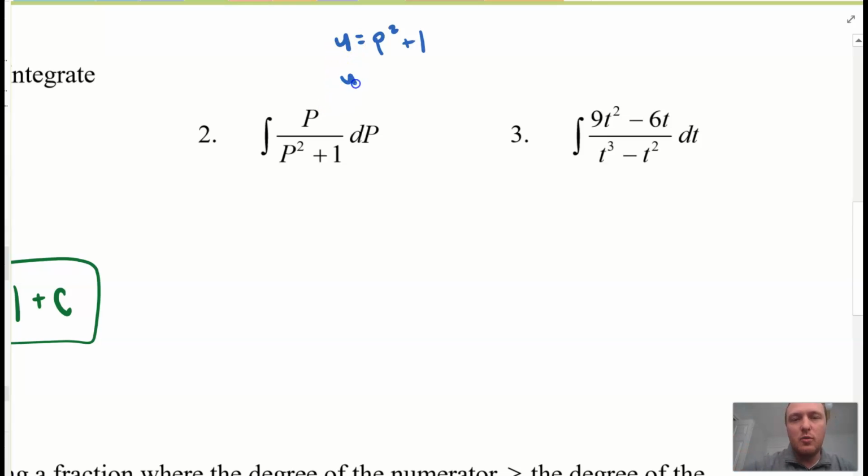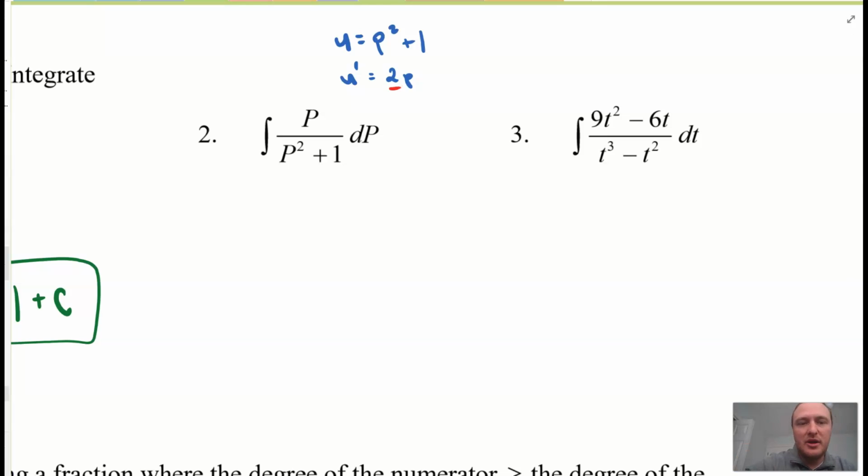So then I have to say, what is u prime? Like if I was to integrate this and then differentiate, I have to have the hook, or the chain rule. So the derivative of this would be 2p. Notice I do have the p accounted for, but I'm missing a 2.